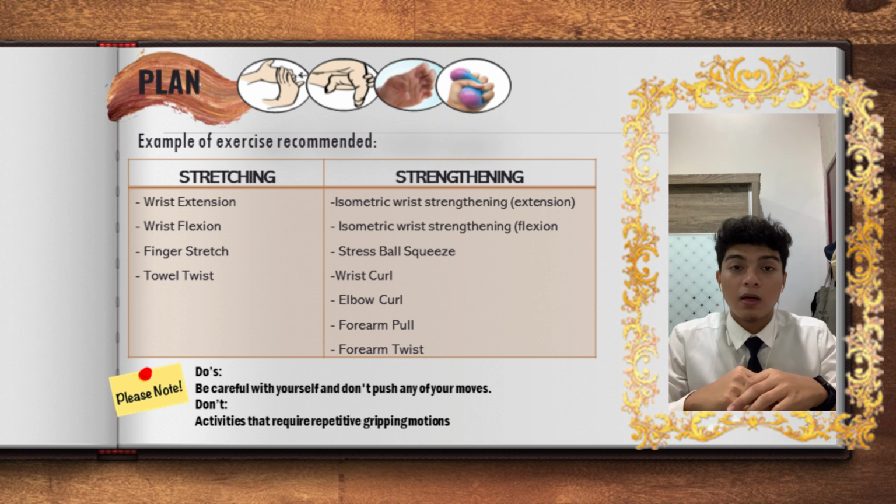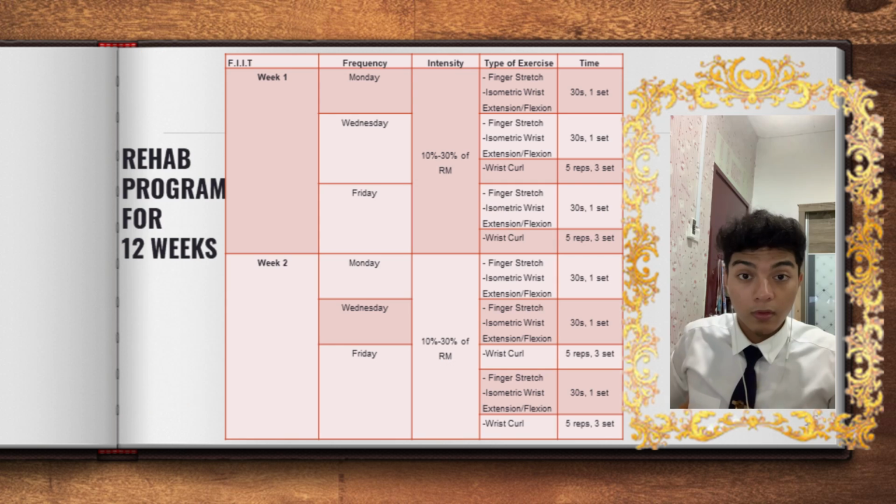In this slide, it provides the kinds of exercise that can be done for tennis elbow, for stretching and strengthening. So that's all for exercises that can be done for tennis elbow.